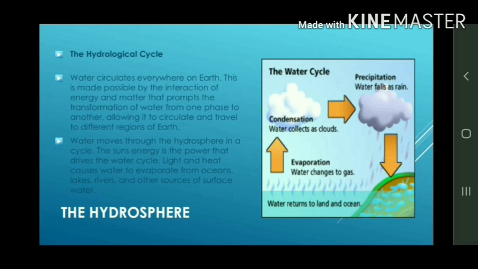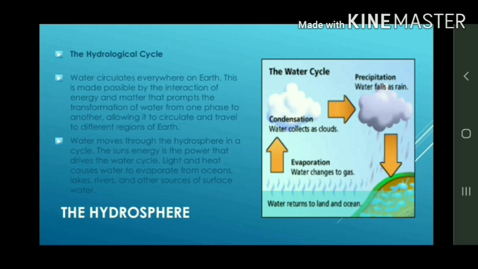The water travels in a continuous path through Earth and its atmosphere, called the water cycle or the hydrological cycle. The journey begins in Earth's oceans. As the sun hits the ocean, the water evaporates, turning into a gas. Sometimes this gas meets cooler air, and the gas changes into drops of water.